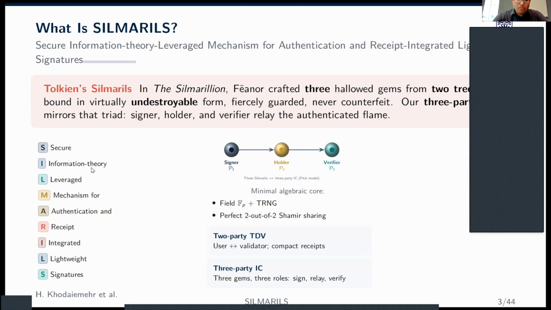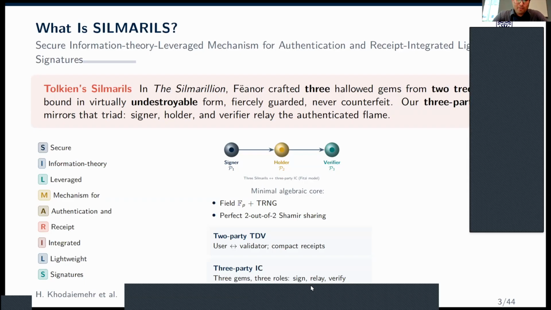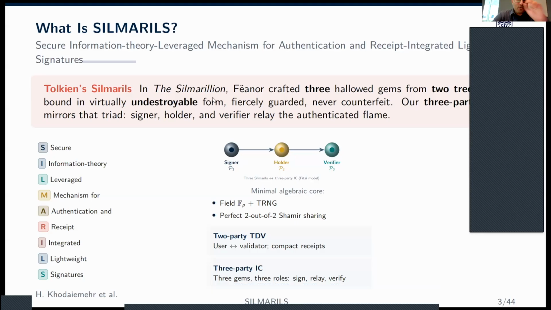We also borrowed a story from Tolkien's book, the Silmarillion. For those interested in fiction like Lord of the Rings, it relates to the time long before the Lord of the Rings. If you read the book, you understand what I'm saying.